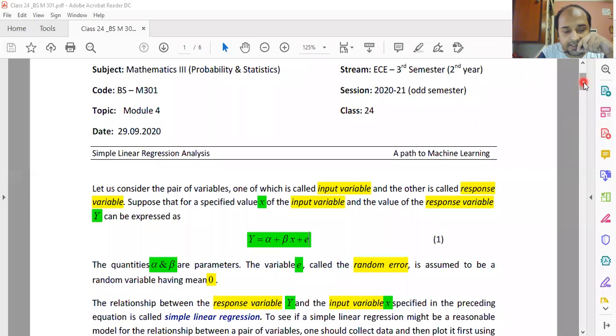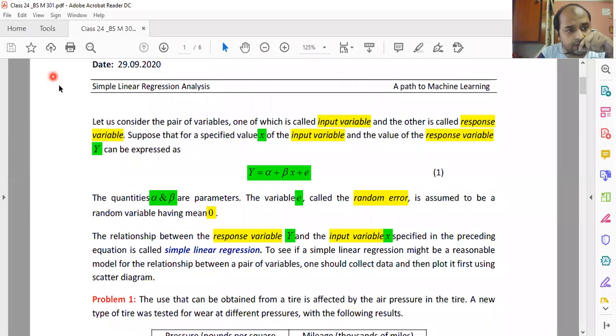Okay. Now intentionally I have kept the response variable as capital Y and the input variable as small x, just to distinguish between these two: that one variable is of independent choice and another variable is dependent on the independent variable. Okay, but you have to keep in mind that there is no hard and fast rule about the choice of these notations, capital Y or small x.